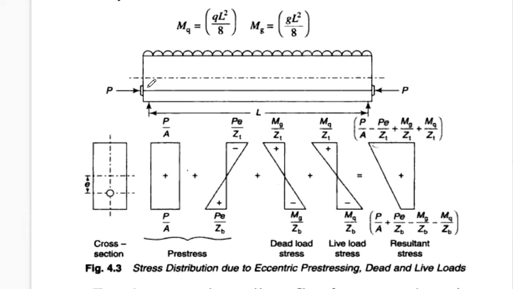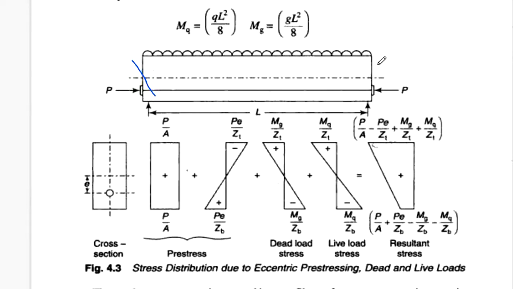Now, if this is the centroid, due to the pre-stressing force the beam is going to bend in this manner. So you can see over here, due to the pre-stressing force, the beam bends in this manner.